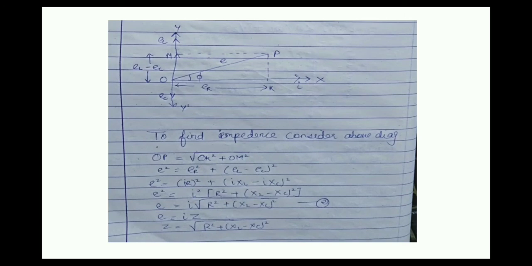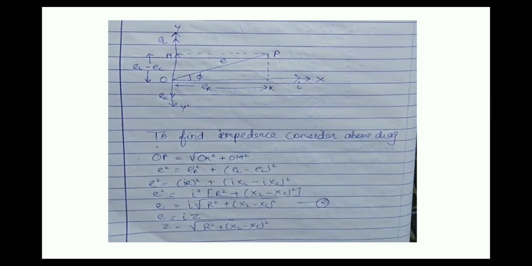Now considering the figure, from that we obtain OP equals the square root of OK square plus OM square. That is, E square equals ER square plus (EL minus EC) the whole square. From the above equation, ER is nothing but IR, EL is nothing but I XL, and EC is nothing but I XC.